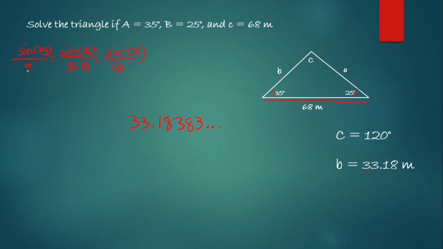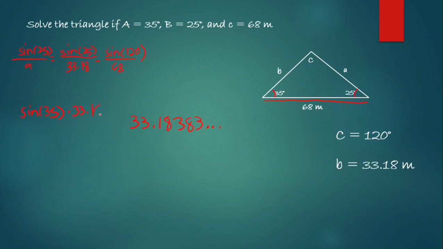So lastly, we're going to solve for side A. So we're going to cross multiply once again. Sine 35 multiplied by, actually, how we're going to multiply this is the result of side B, but not rounded off yet.